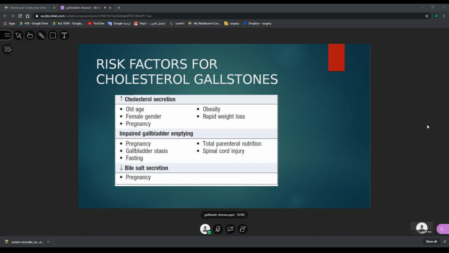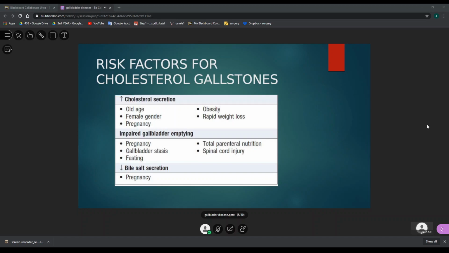Impaired gallbladder emptying: because the gallbladder wall contains muscle, the muscles contract to empty. Sometimes these muscles are weak to empty the gallbladder, like in case of pregnancy, gallbladder stasis, fasting, total parenteral nutrition, and spinal cord injury. Decreased bile salt secretion, like what's happening in pregnancy.